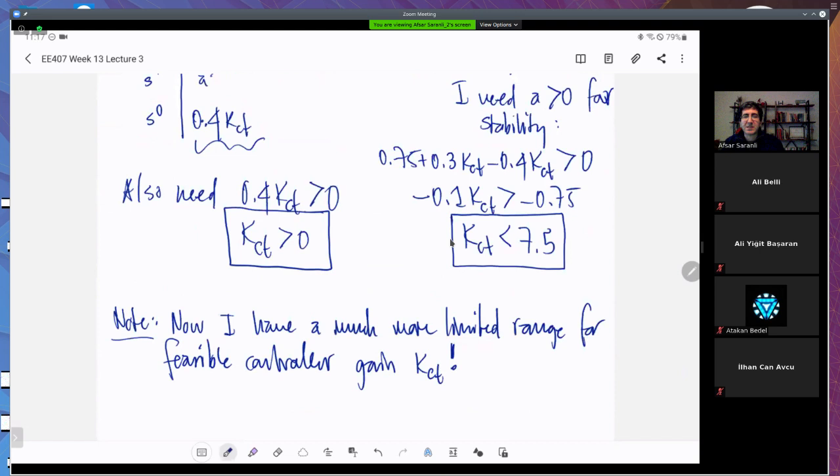It might be interesting and fun to also use root locus to see why that's the case, what's the shape of the root locus. But it looks like in this new configuration, if you keep increasing KC, again you are crossing to the right half plane.